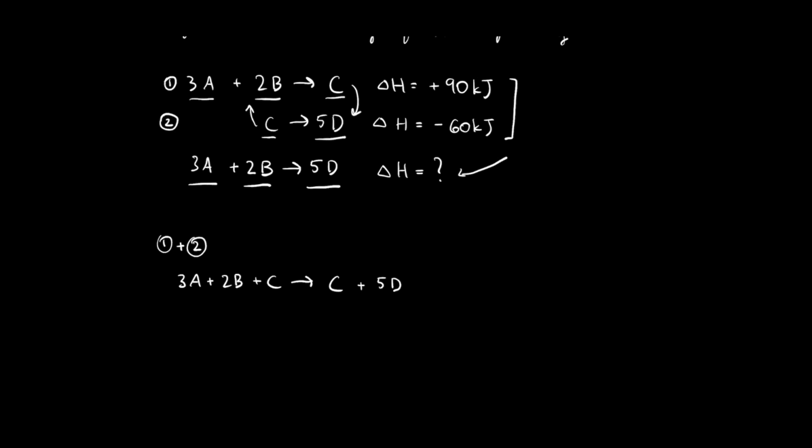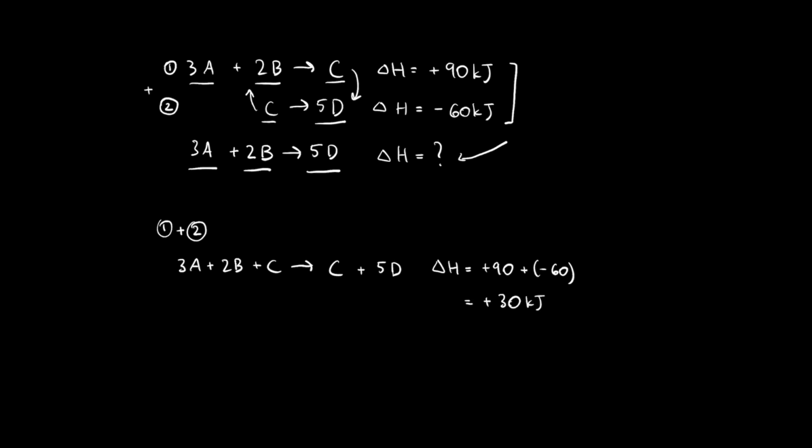And Hess's law tells us that since we've added these two equations together, we can also take the sum of their delta H's. So in this case, delta H equals positive 90 plus negative 60, which gives us positive 30 kilojoules.